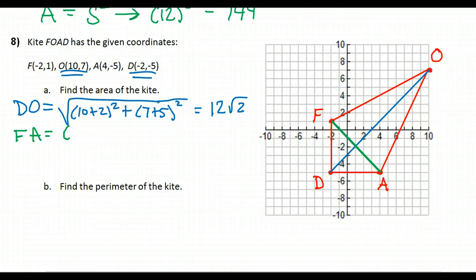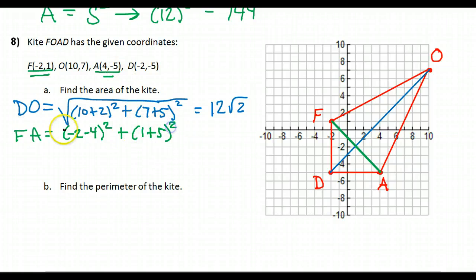Okay, so forget about O and D. Now we're looking at F and A. Okay, so x minus x, negative 2 minus 4. And y minus y, that's 1 plus 5. Squared. Square root of it all. Put that in your calculator. And that is going to be 6 radical 2.